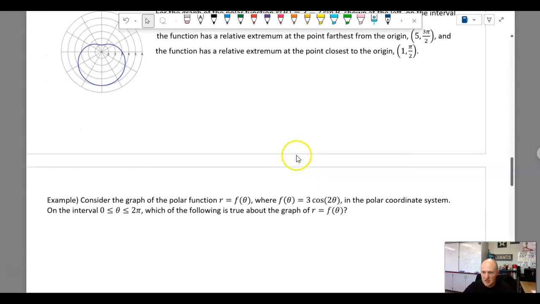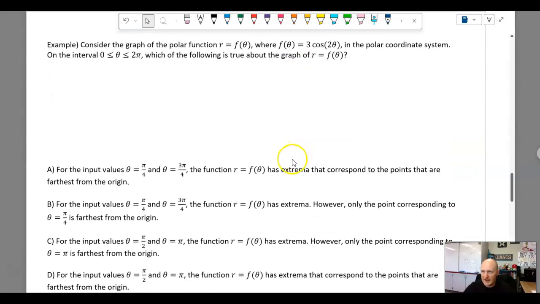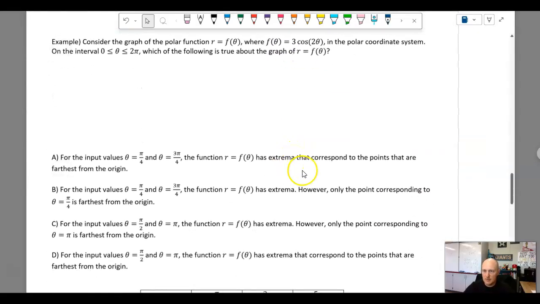Okay, so let's go ahead and look at some examples here. They say, consider the graph of the polar function r equals f of theta, where f of theta equals 3 cosine of 2 theta in the polar coordinate system. On the interval 0 to 2 pi, which of the following is true about the graph of r equals f of theta?